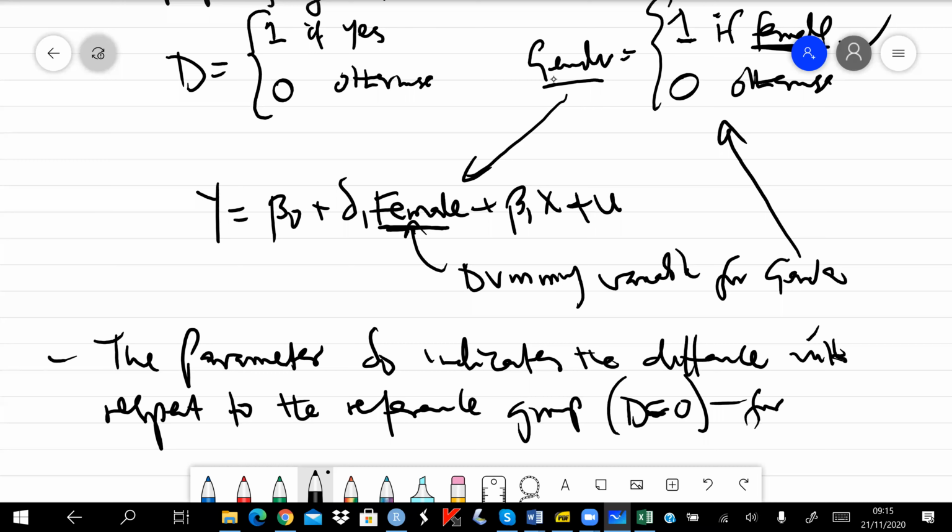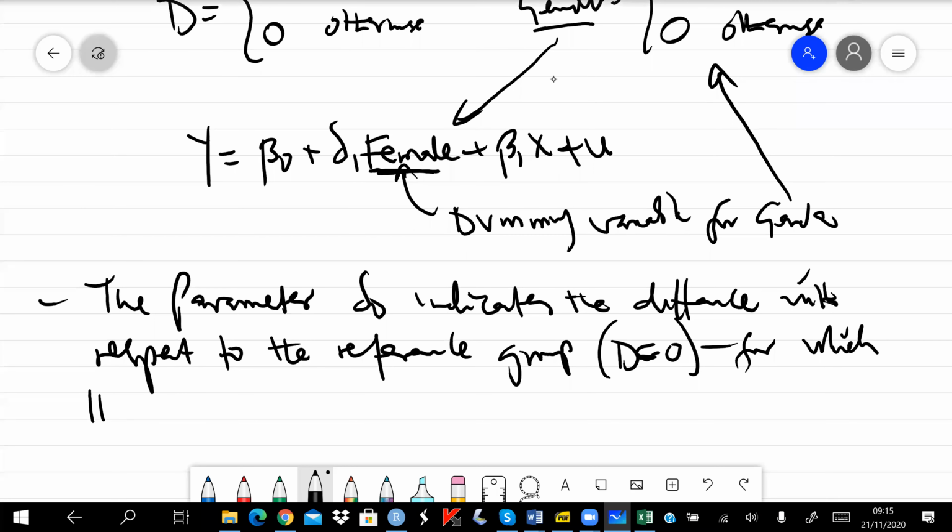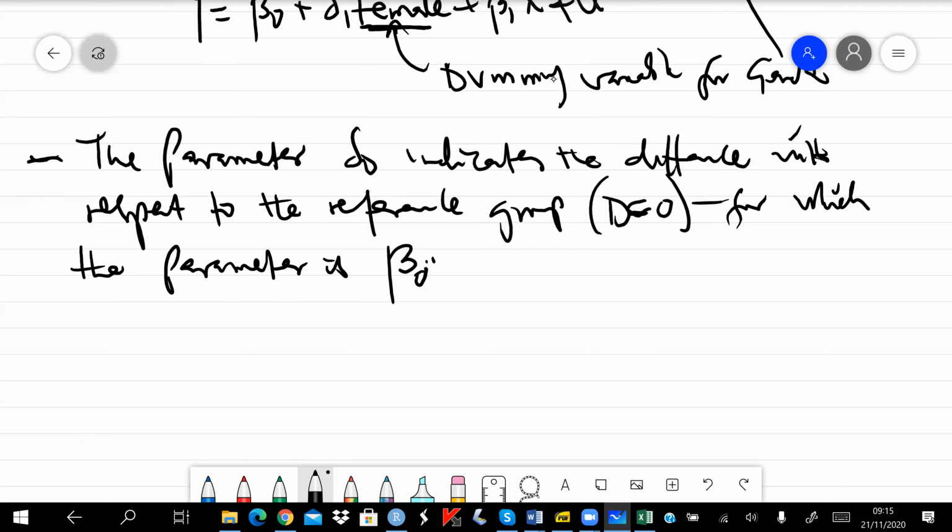For the reference group, the parameter is beta naught. I'm going to give a practical illustration to see what we mean by this point. So let's consider the following illustration.